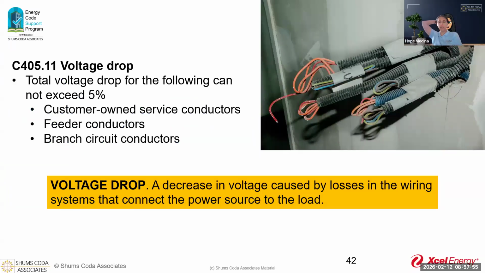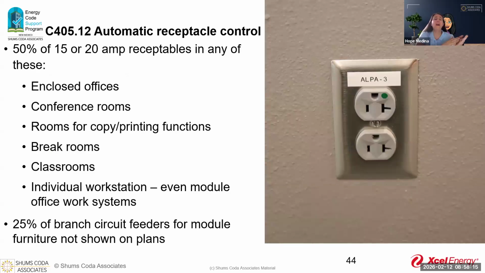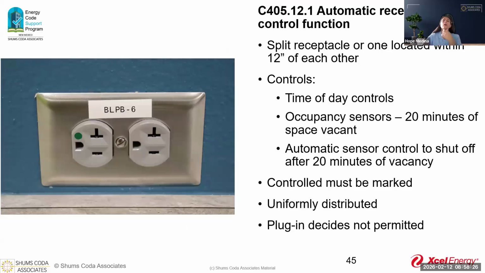All right, another lighting item, not necessarily a control per se, but just something to be aware of, is that your voltage drop cannot exceed more than 5%. And typically what I get with this is a note on the plans, as you see here. And then automatic controlled receptacles, 50% of them you're going to have in these particular locations.